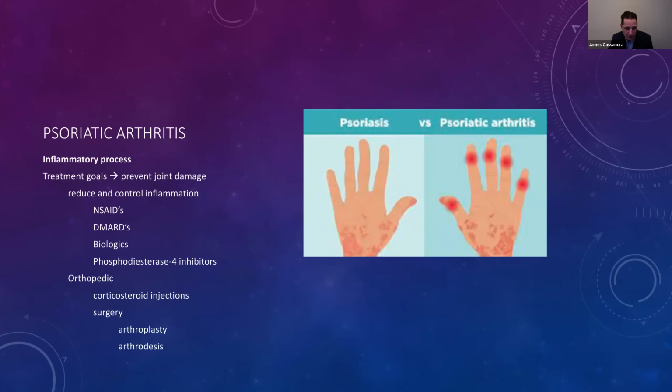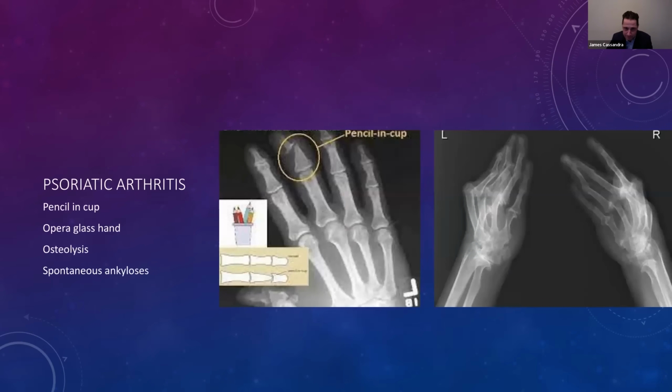You don't jump right into surgery. It's usually more in the severe cases, and we're usually looking at something like arthroplasty and arthrodesis. The goal would be to avoid surgery by controlling the inflammatory process.